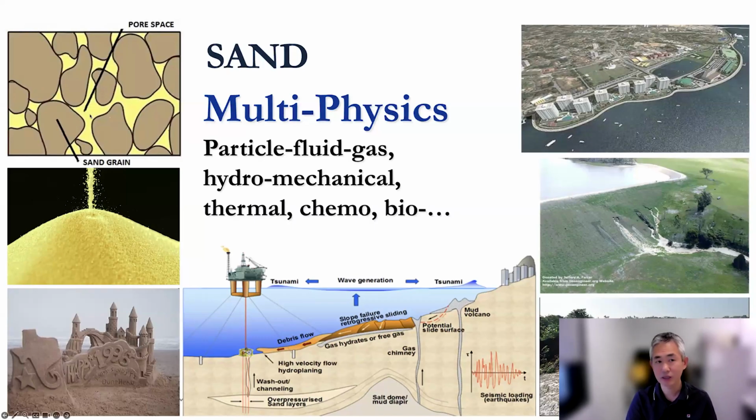In the pores, you can have water, you can have air, or a mixture of them, and you can even have a reactive fluid like an acid. This mixture of different fluids with mobile particles creates quite a complex multi-physical phenomenon here.